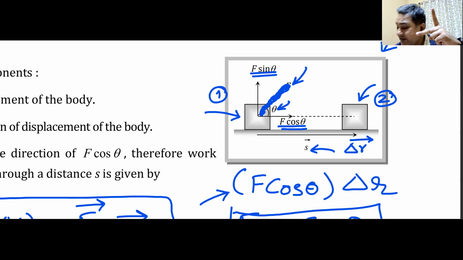One is F cos theta, which is along the surface. The other one is F sin theta, which is perpendicular to the surface. Now, if someone asks me what is the work done by these two forces, if you can find the work done by these two forces and add them, we will get the work done by the force F, which was the original force. So this is another way of understanding the same thing.